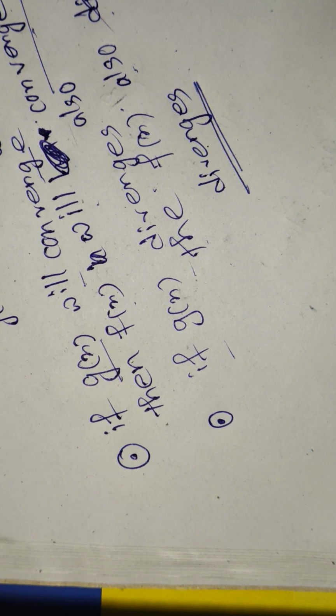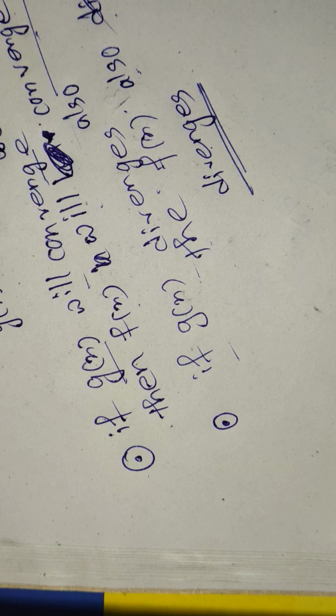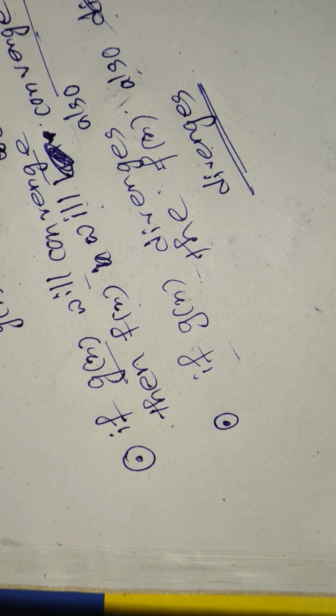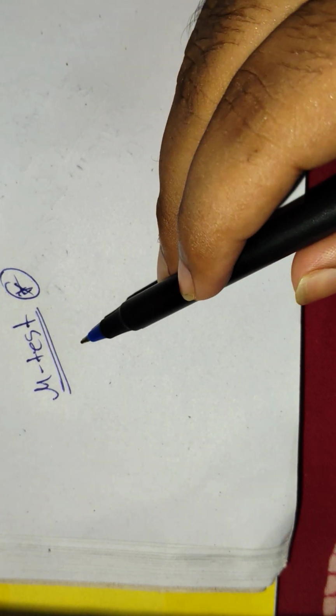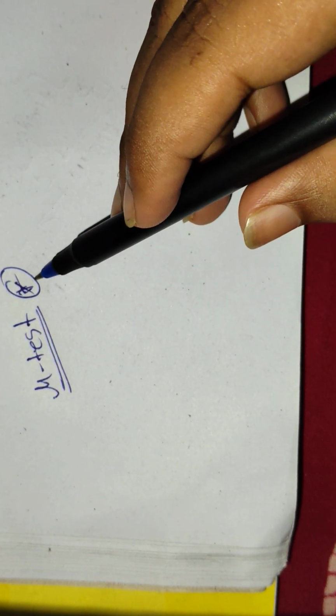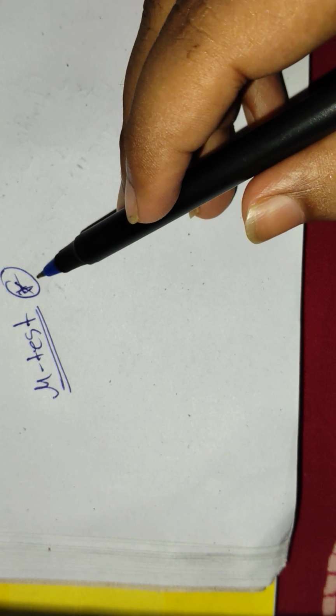So let's move on to the next theory, which is the mu test, where we will deal with a very hard theory. You can see this is the mu test, and I have given a single star to this theory because it is one of the important theories for finding the convergence or divergence of an improper integral.